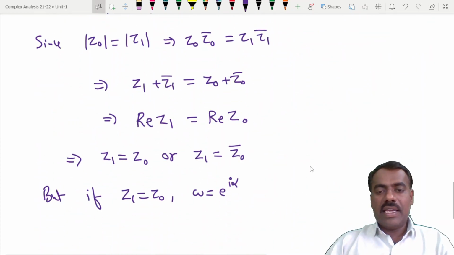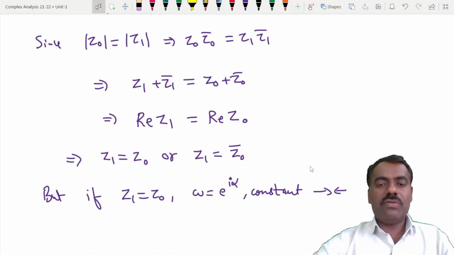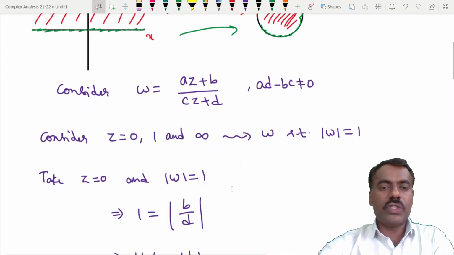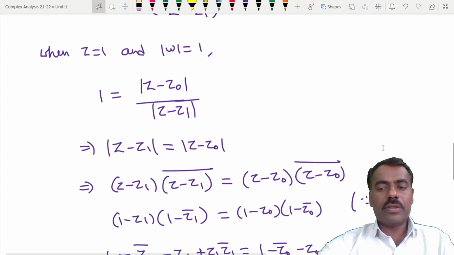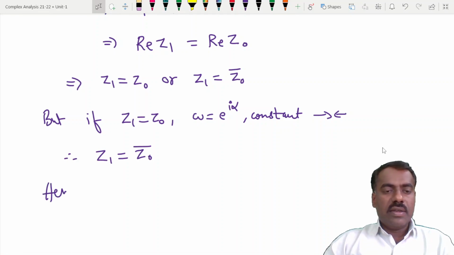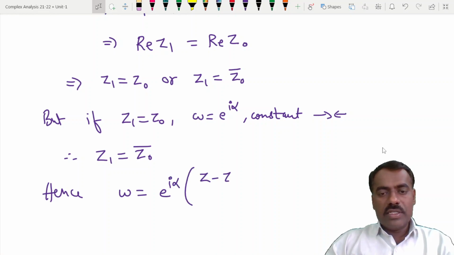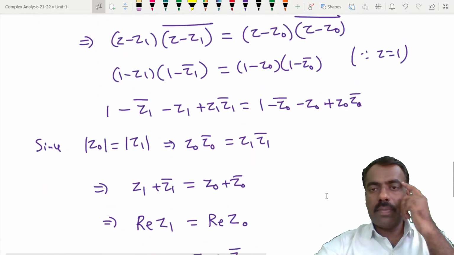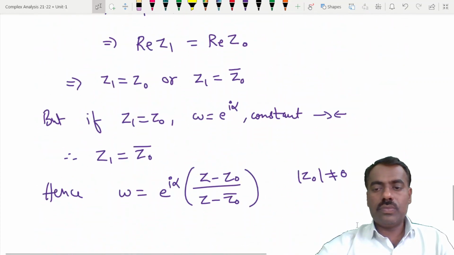We get a constant, which is not true, because we want different points to go to different points. So this is not possible. Therefore Z1 should be equal to Z0 bar. Hence w is further simplified as e power i alpha into Z minus Z0 by Z minus Z0 bar, where mod Z0 is not equal to 0.